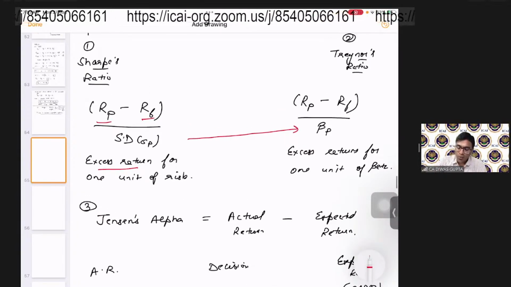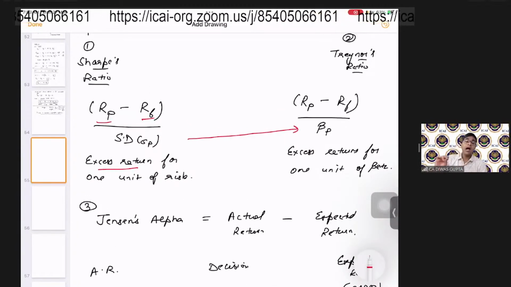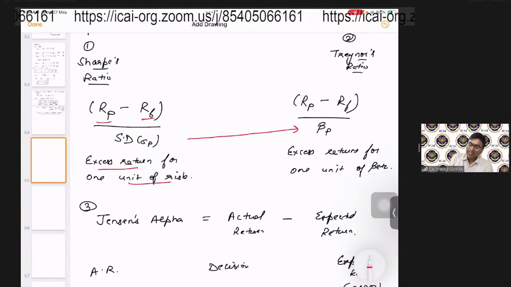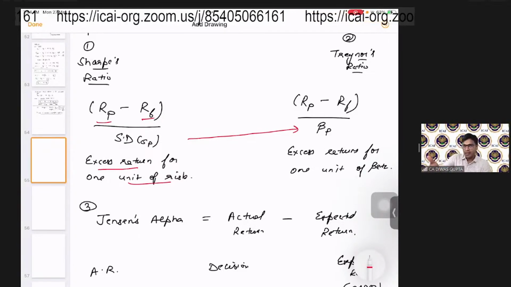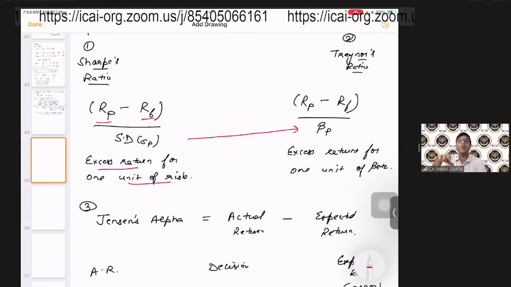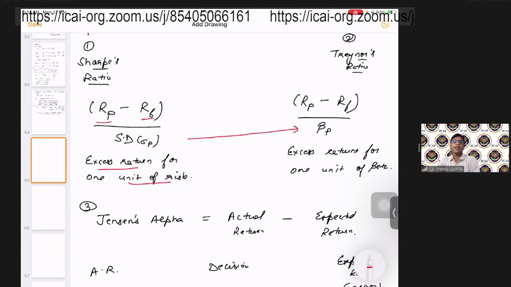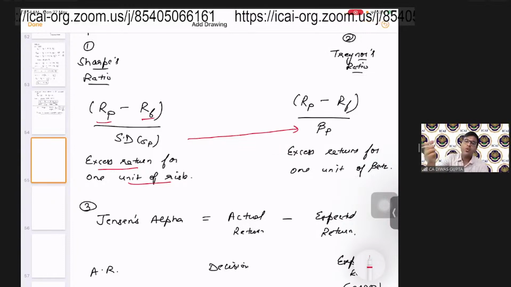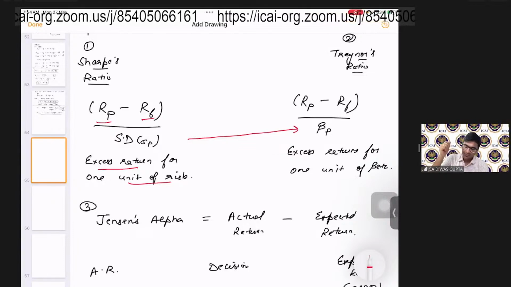Both these ratios, the higher the better, because for 1 unit of risk, if I am getting a much higher excess return in a portfolio, I will prefer that portfolio compared to another portfolio where the excess return is lower for 1 unit of risk. Similarly, it goes with the Treynor's ratio, students.